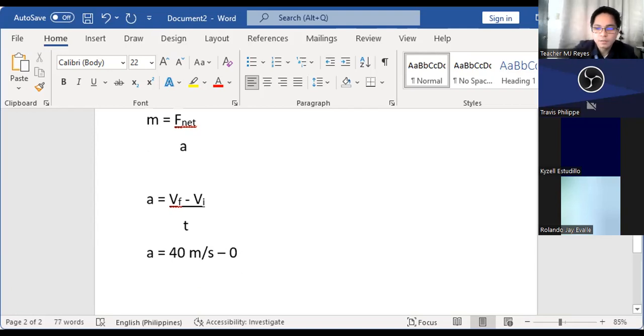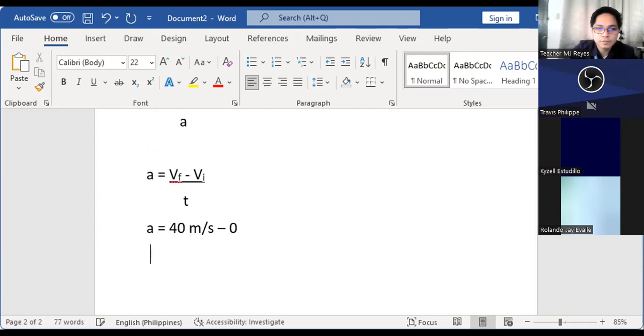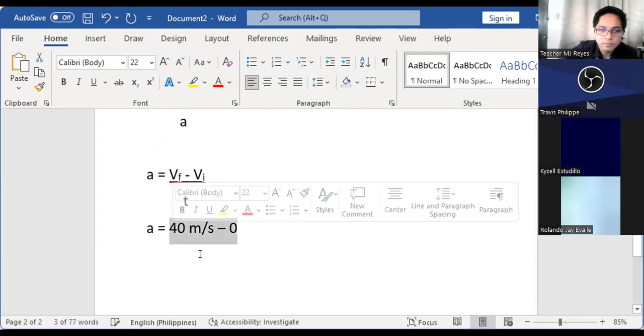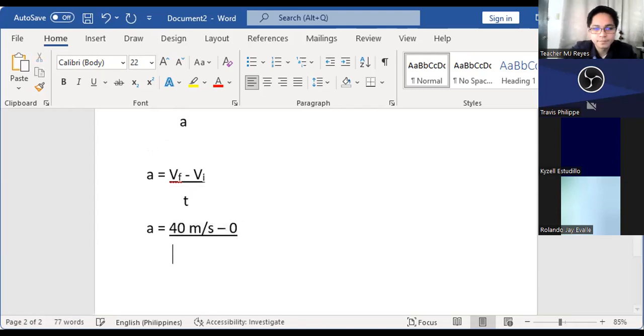So, a is equal to, divided by what is time? 10. Okay, let's solve. a is equal to 40 meters per second divided by 10.